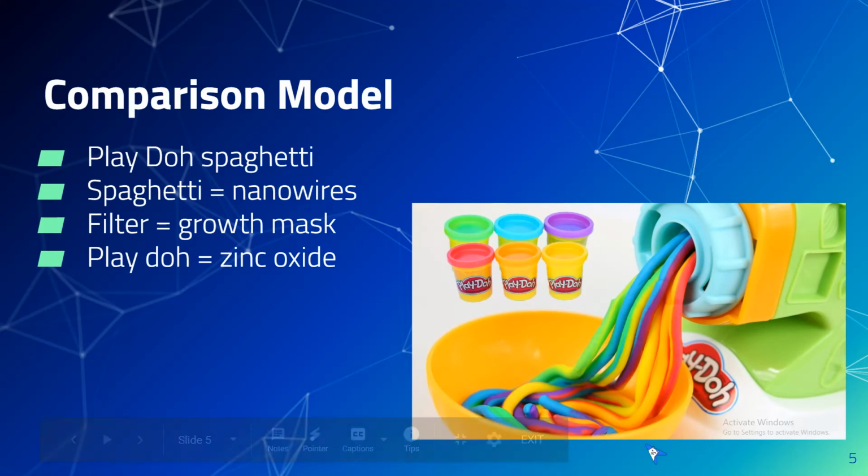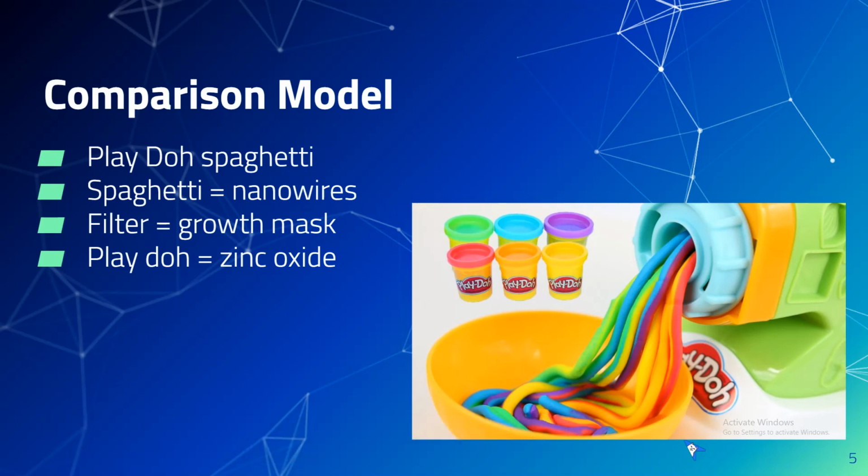And so the growth mask in hydrothermal synthesis is, I'd say, kind of like the filter, and the spaghetti is kind of like the nanowires, and the initial Play Doh inside the machine is like the overall zinc oxide substance. So with that second step of hydrothermal synthesis, you can have the growth mask being removed, which is similar to the spaghetti maker, and the nanowires can also be isolated, just like the filter can be removed and the Play Doh noodles can be separated and isolated on their own.